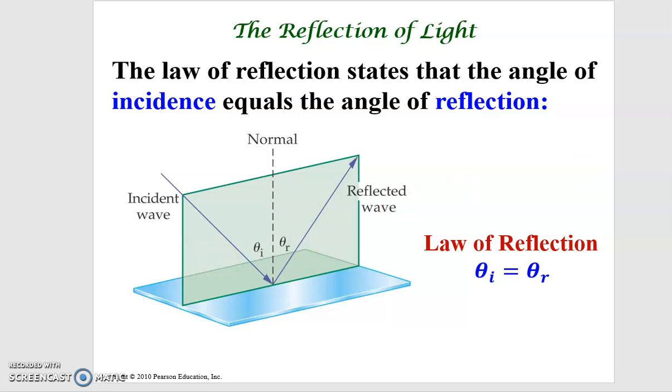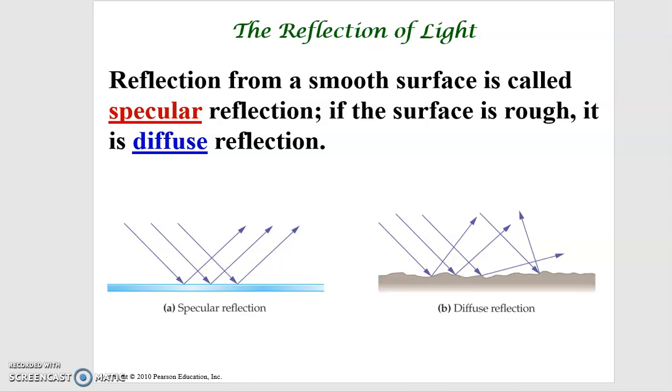Now let's take a look at a different kind of reflection. Apparently no one can make a 100% perfect flat surface. But if you have a very smooth surface, when the incident waves interact with it, all the reflected waves are basically parallel to each other.